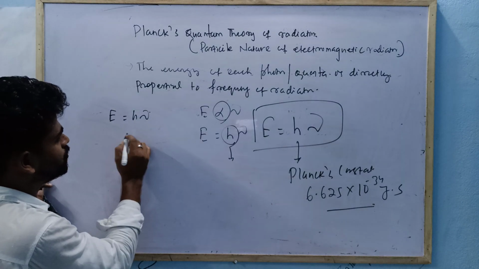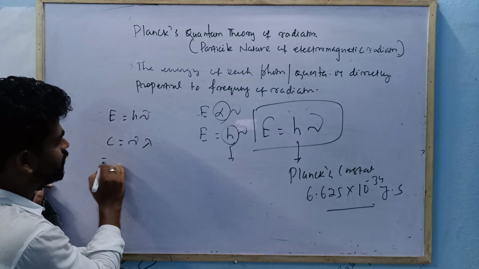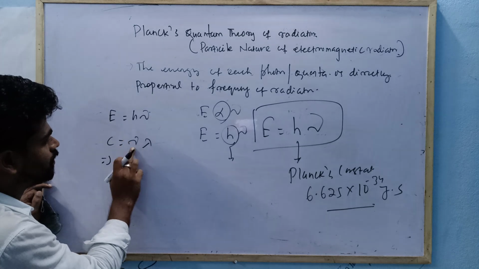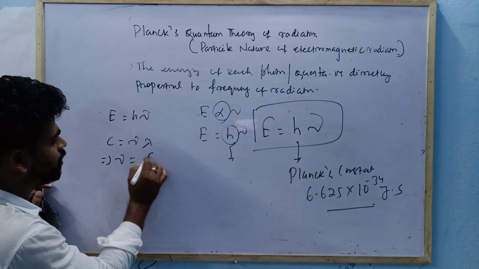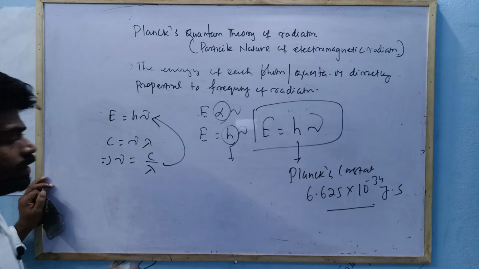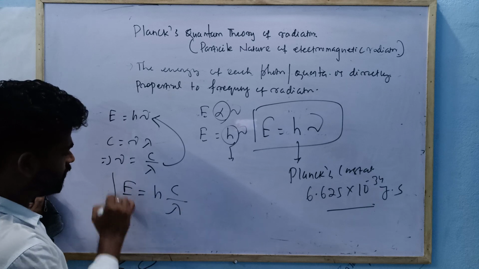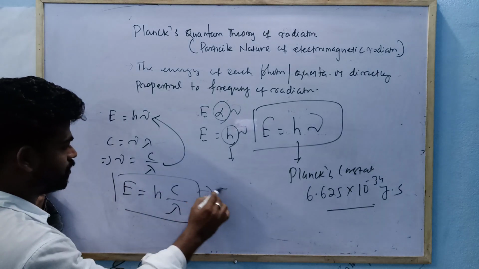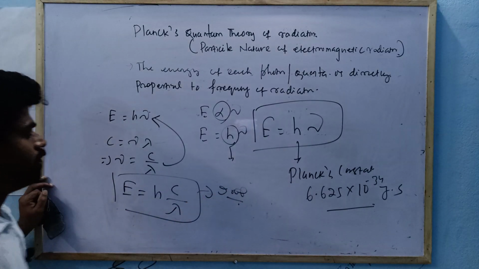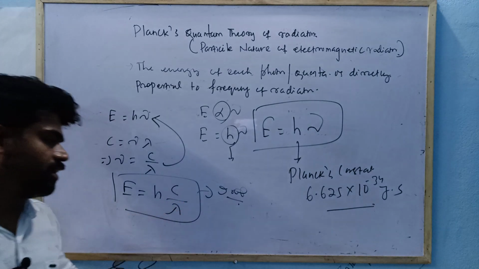As we know, c is equal to nu lambda, so nu is equal to c by lambda. Now substitute this over here, and you will get E equal to h c upon lambda. It's a very important formula: E is equal to h c by lambda.